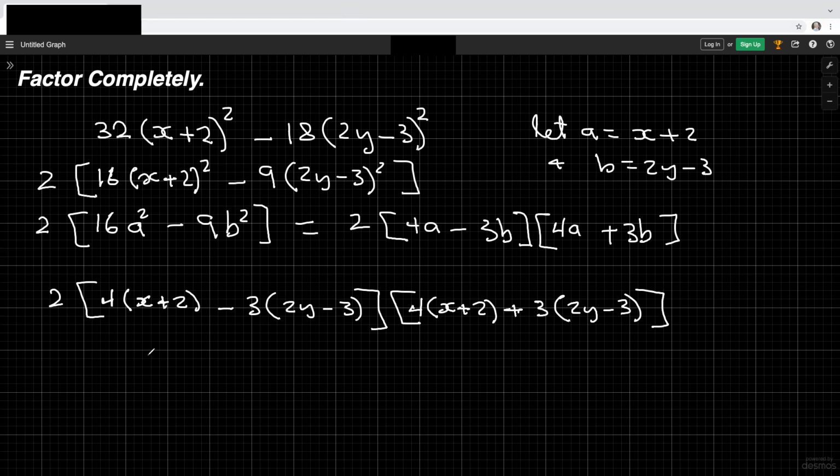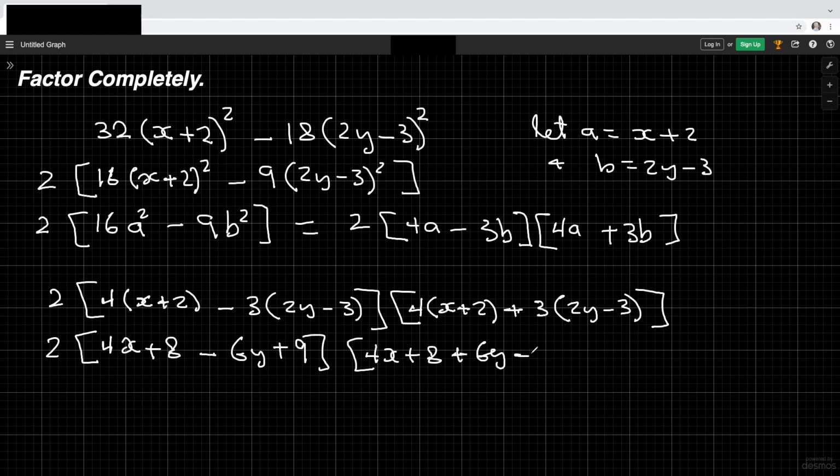Close the bracket. Now here, we're going to start distributing. So you're going to get 4x plus 8 minus 6y plus 9. So I'm just distributing the negative 3 here and there. And for this one it's going to be 4x plus 8 plus 6y minus 9.